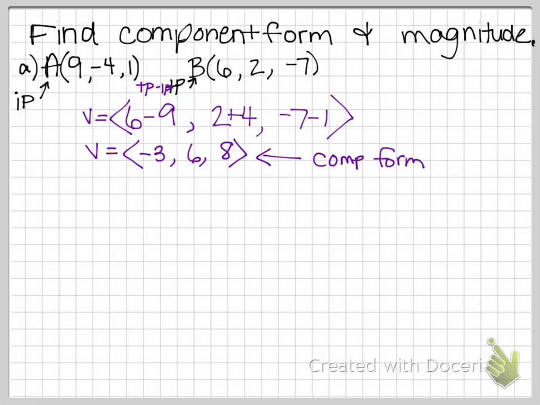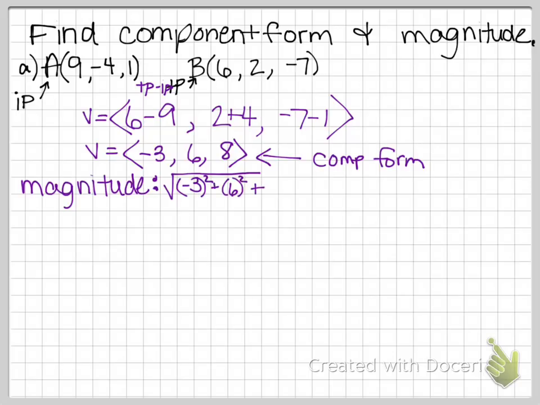All right. And then if I want to find the magnitude, I would just take the square root of all of this stuff squared. -3 squared plus 6 squared plus 8 squared.